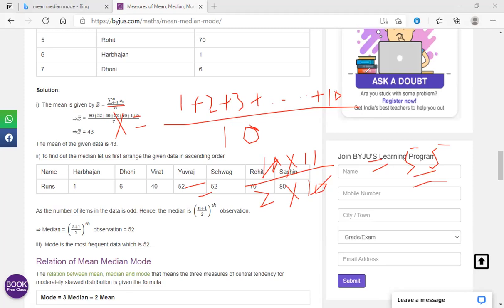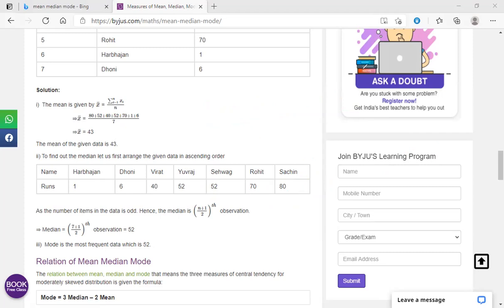What is the median? The median is actually the middle value of the data, the central tendency. So how to find the median?